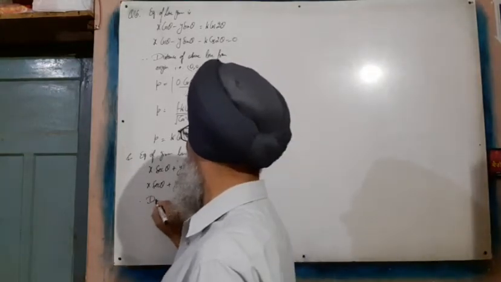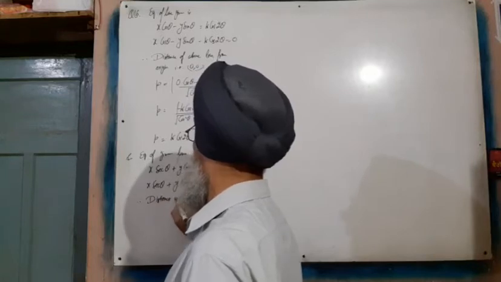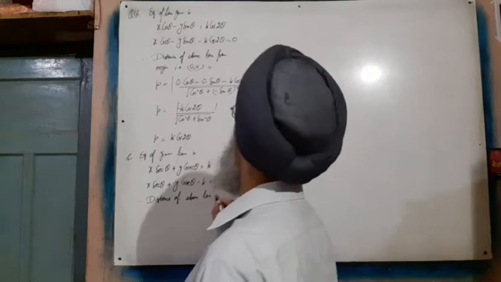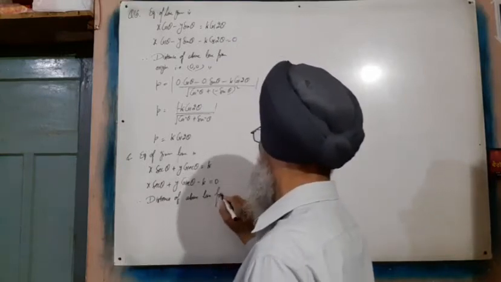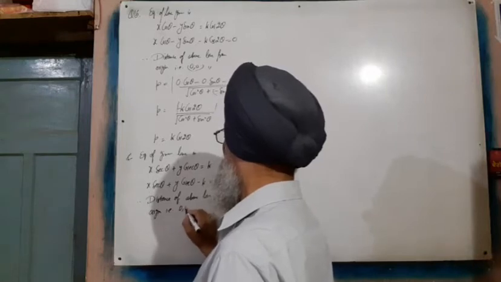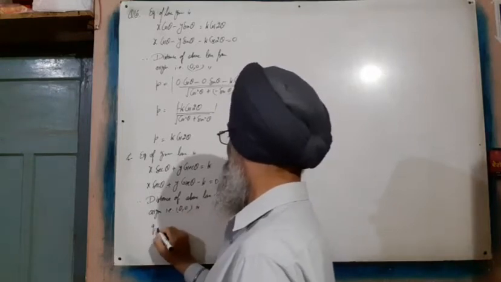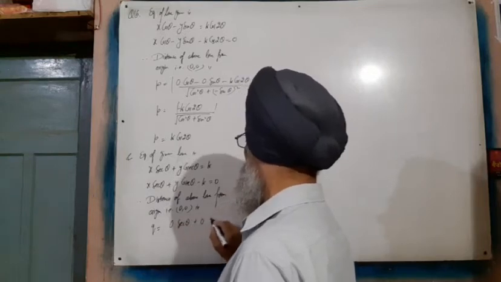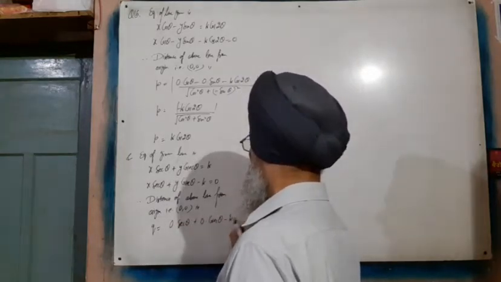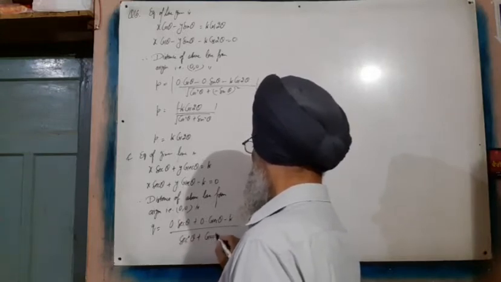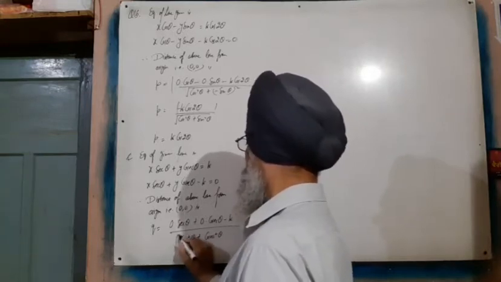Therefore, distance of the above line from origin, that is 0, 0, is given by q is equal to 0 into sec theta, 0 into cosec theta minus k upon the square root of sec square theta plus cosec square theta.